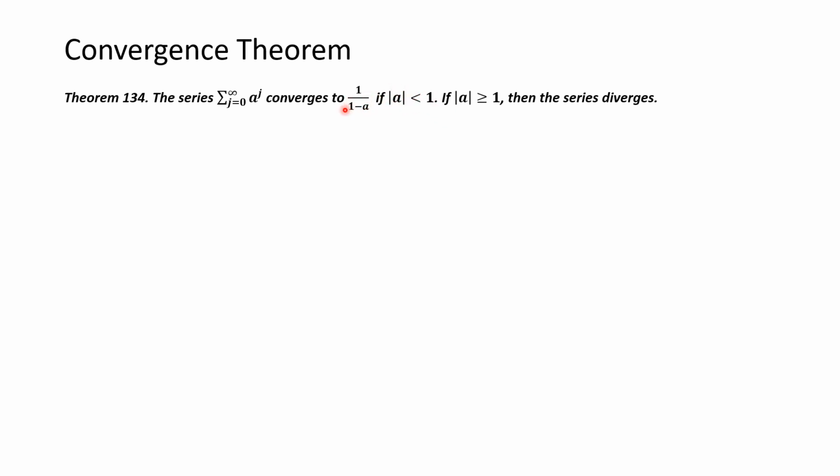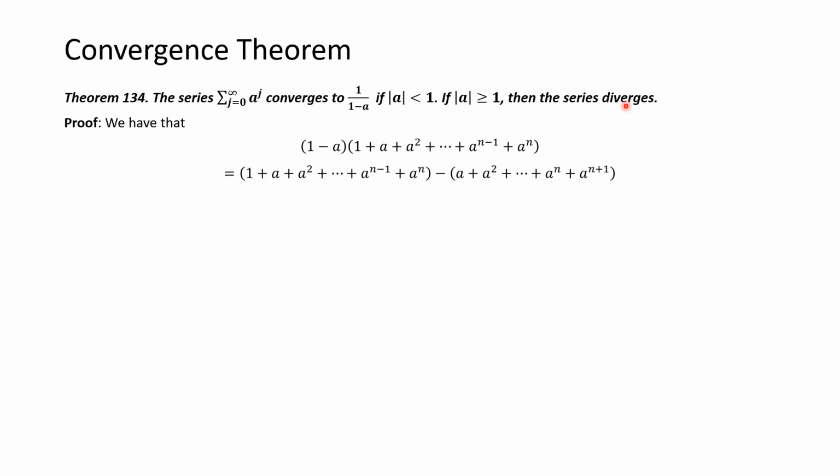In the case of real valued series, it looks almost exactly the same, except you're taking the absolute value of a rather than the modulus. Other than that, it reads almost the same. And in the case where the modulus is greater than or equal to 1, the series diverges.